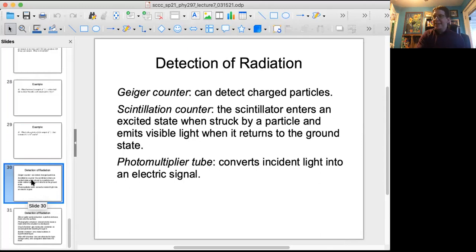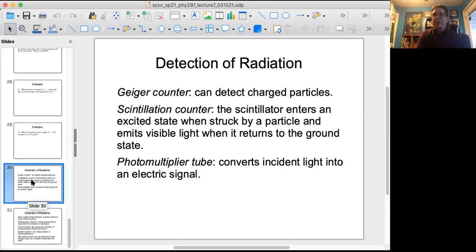So how do you detect radiation? There are a few ways you can do it. The most basic way to detect the presence of radiation is a Geiger counter. It can detect charged particles that are passing through it. It was a very useful way, certainly in the early days of nuclear physics, of picking out radiation.